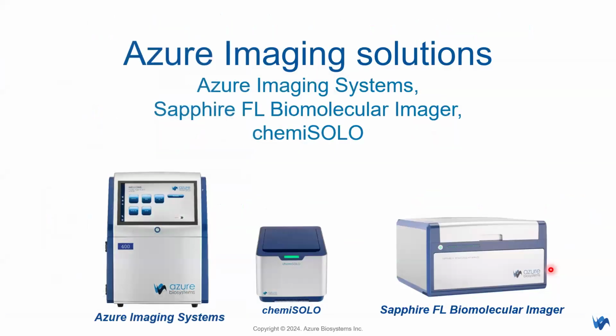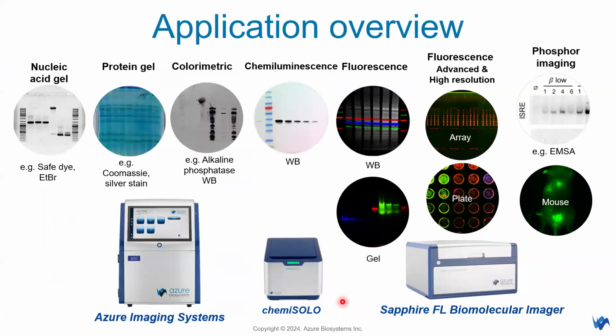In conclusion, we have 3 imaging solutions for you. So we have Sapphire FL biomolecular imager, Azure imaging system, and ChemiSolo. So this is an application overview of all these 3 imaging systems, but of course at different ranges.